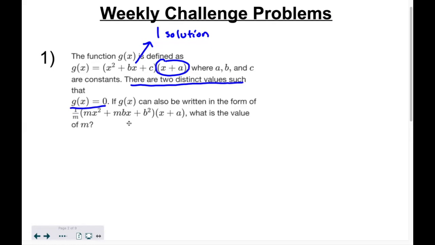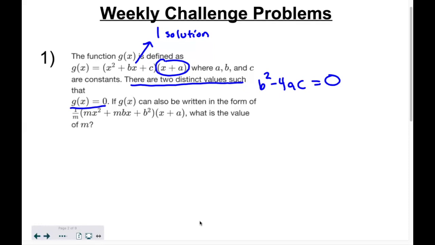And when that happens, when they talk about the types of solutions to a quadratic, we want to think of the discriminant. That's the b squared minus 4ac. And whenever you have one solution, that is going to equal 0. That is the part of the quadratic formula that's under the square root. And if you have a 0 there, then the plus or minus in front of it's going to be plus or minus 0.